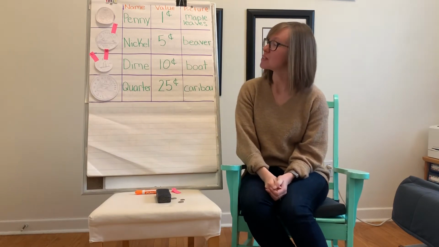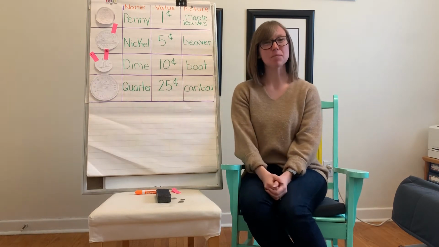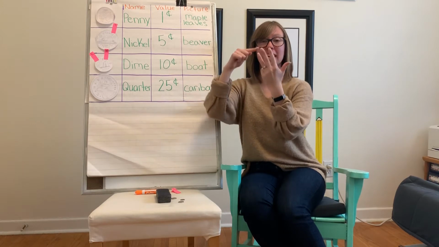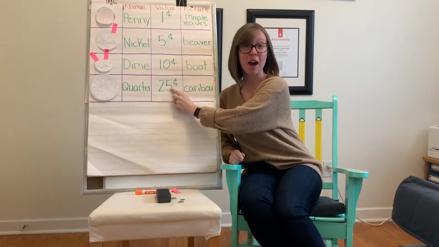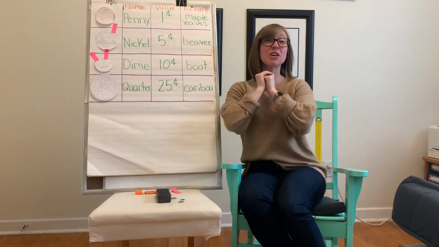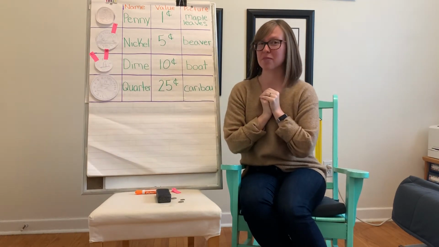So to figure out how many hairs a quarter has, we have to skip count by fives and see how many times we have to count to reach its value of 25. Now, I want you guys to count with me, and you can yell out, stop, when we reach our 25.